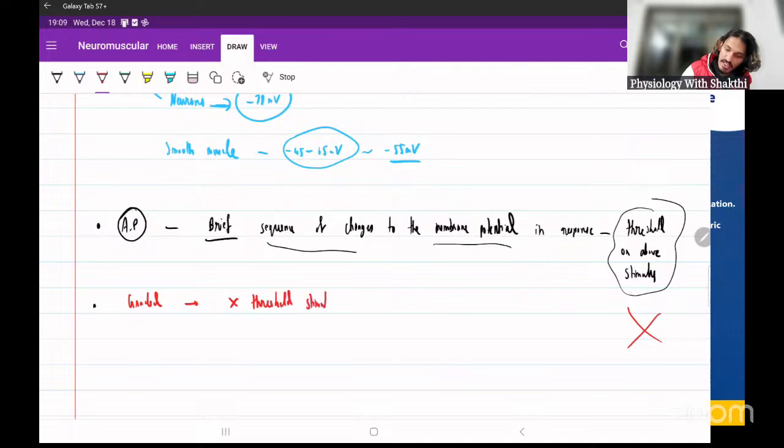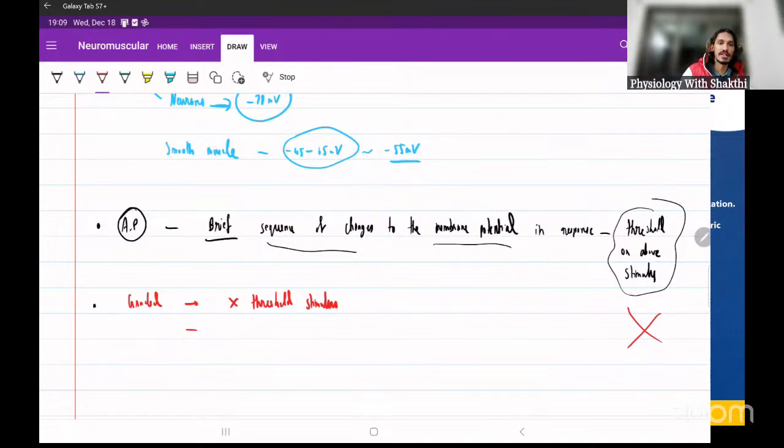It's not reaching the threshold. So the changes in potential are happening, but not because of a threshold or above threshold stimulus, because of which the nature of this is something that dies off eventually. This wave which is propagating will not keep going, instead it will die off.